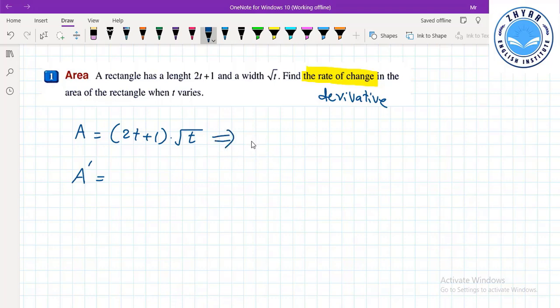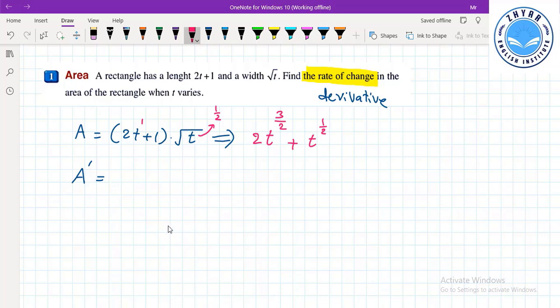So let's rewrite 2t times square root t. This t is power 1. This t is power 1 over 2. In multiplication, we add the powers, so we will have 2t power 1 plus 1 over 2 is 3 over 2. Plus 1 times anything, it will be the same. T square root t is t to the 1 over 2.